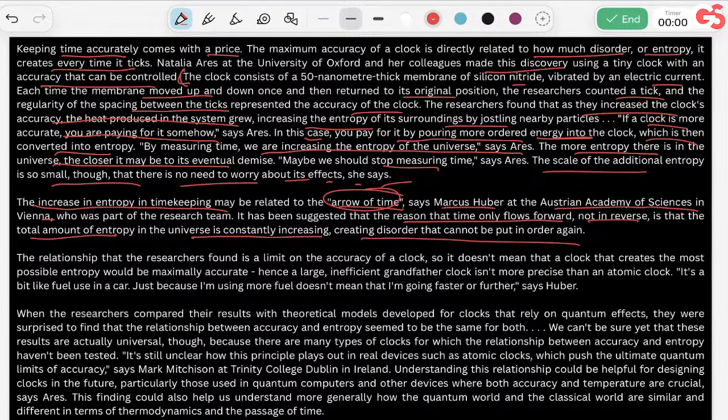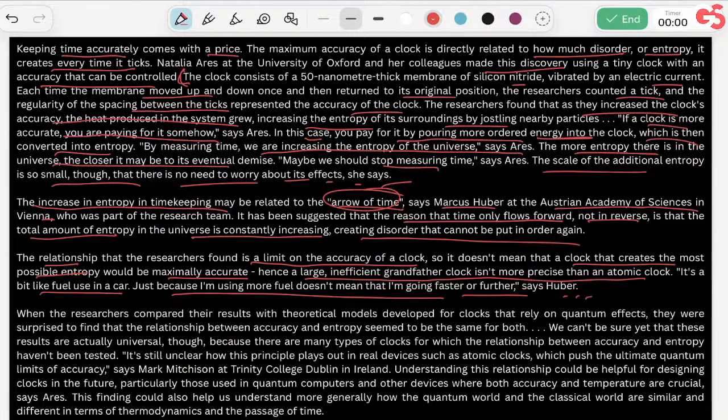Okay, the relationship is a limit on the accuracy of the clock. It doesn't mean that a clock that creates the most possible entropy would be maximally inaccurate. Hence, a large, inefficient grandfather clock isn't more precise than an atomic clock. It's a bit like fuel use in a car. Just because I'm using more fuel doesn't mean that I'm going faster or further, says Huber.